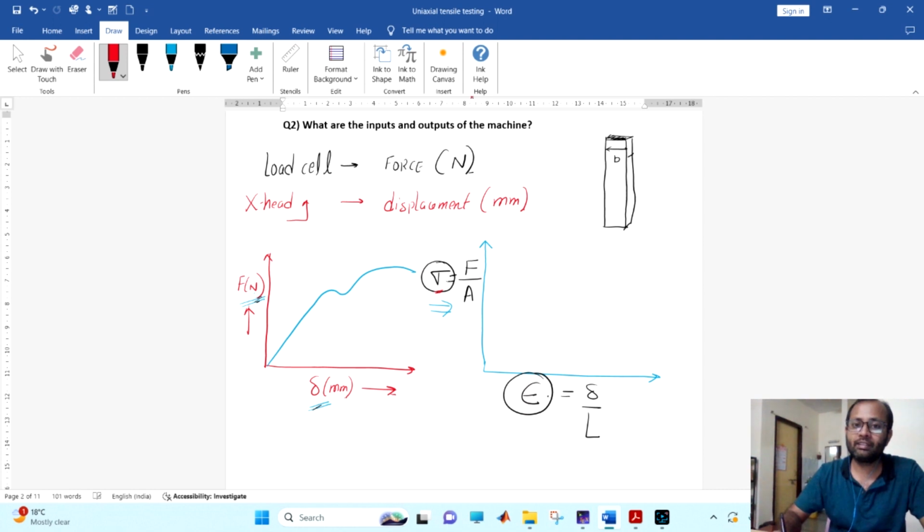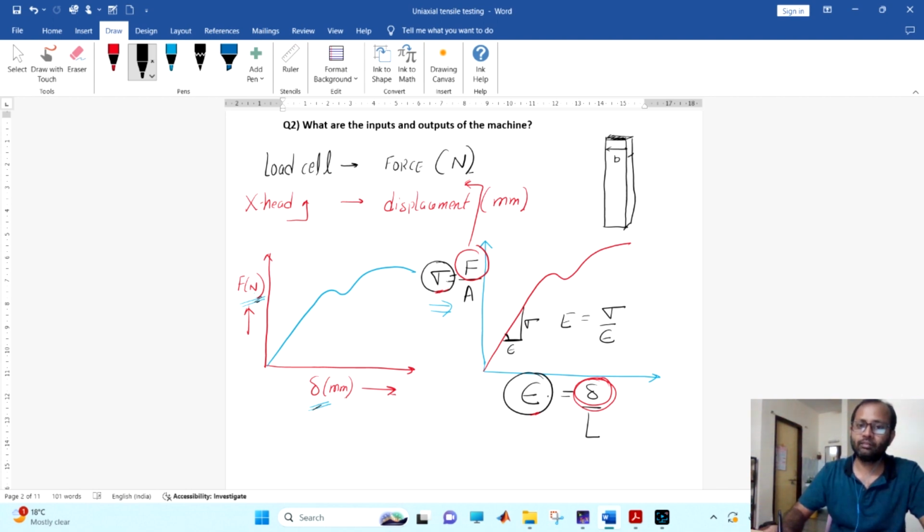We are getting this force directly from the load cell and this displacement directly from the crosshead movement. The force is accurate because we are measuring it with the load cell. But what about this displacement? Is it correct? From this stress-strain curve, we get another material property, the modulus of elasticity, which is the slope of this curve: E equals sigma divided by strain.